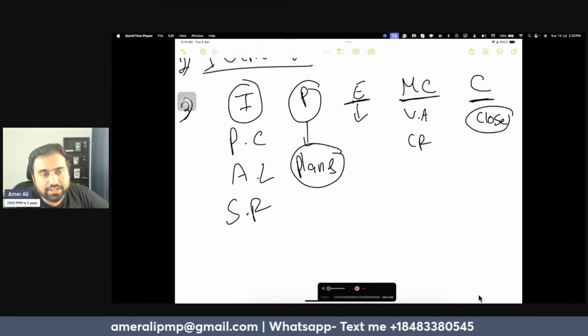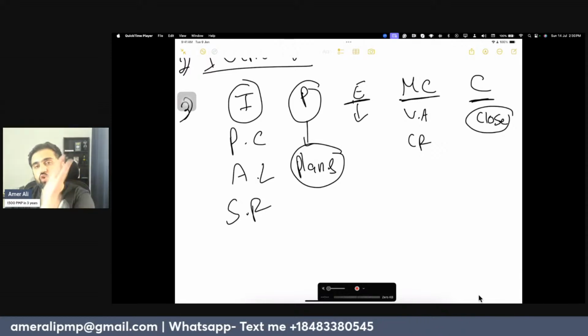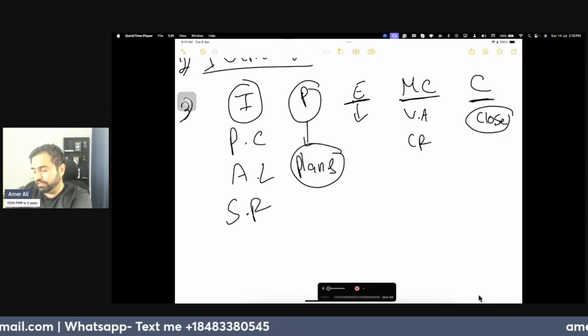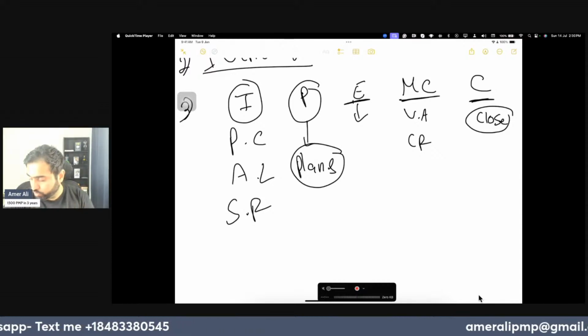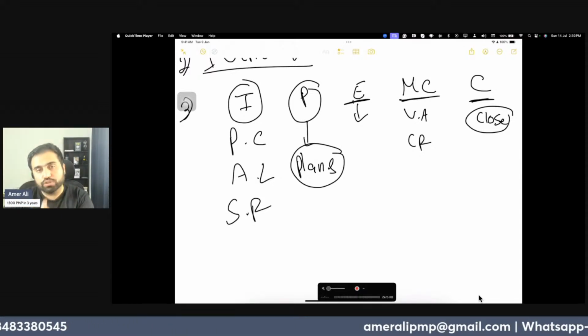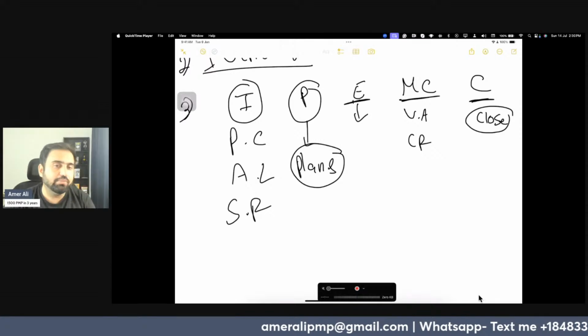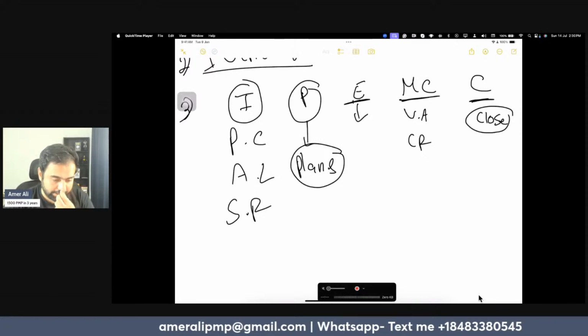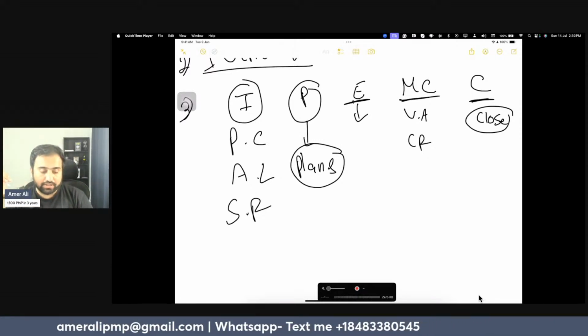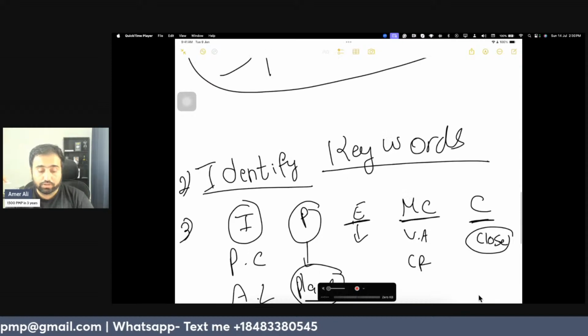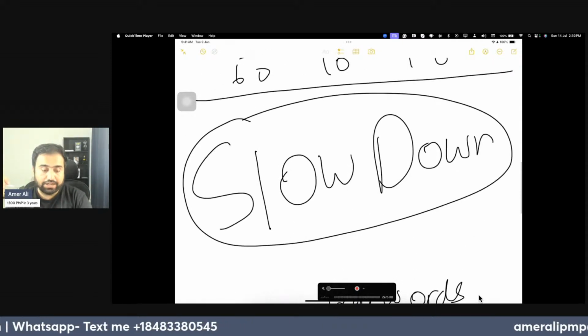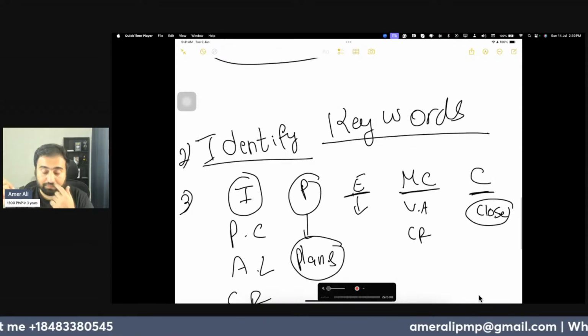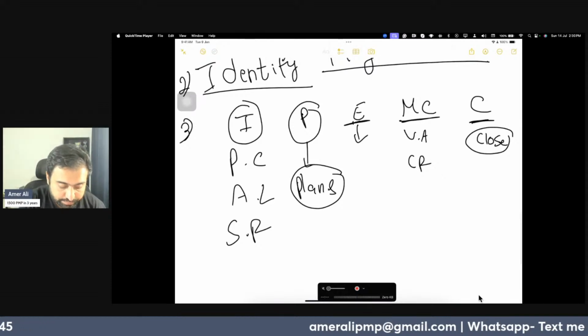So understanding where you stand in those 5 process groups is very critical. Where you actually stand in those 5 process groups will help you to clear the exam. Very critical. You identify keywords, you slow down. The most important is slow down. Identify keyword. Which process group are you in?